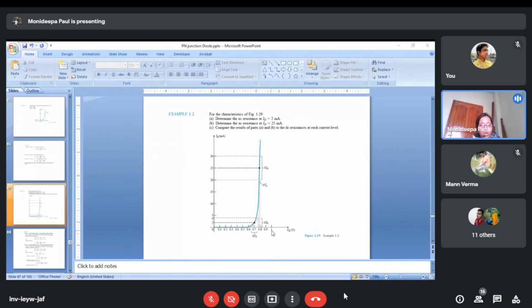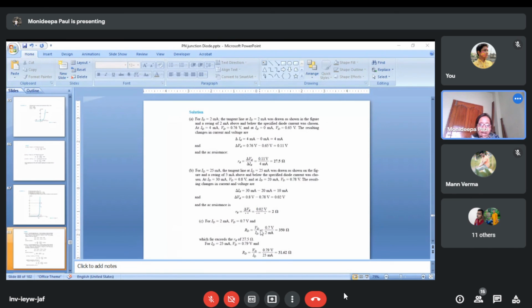And this change of current is caused by a change of voltage. And what is that voltage? For 20 milliampere, the corresponding voltage is 0.78 or 0.79, and for 30 milliampere the corresponding voltage is 0.8. So the change of voltage is 0.8 volt minus 0.78, that is 0.02 volt, and the change of current is 10 milliampere.